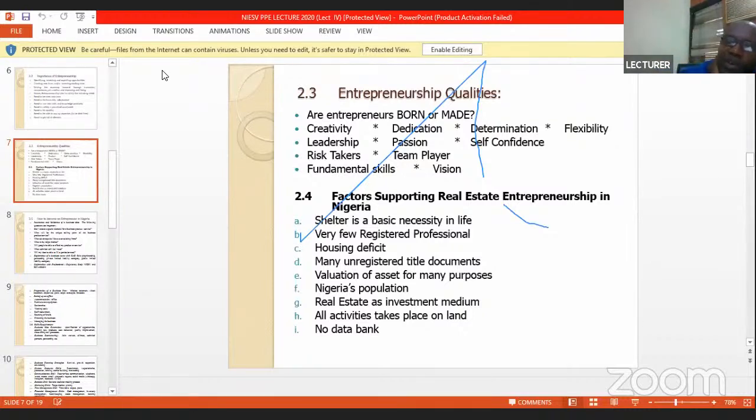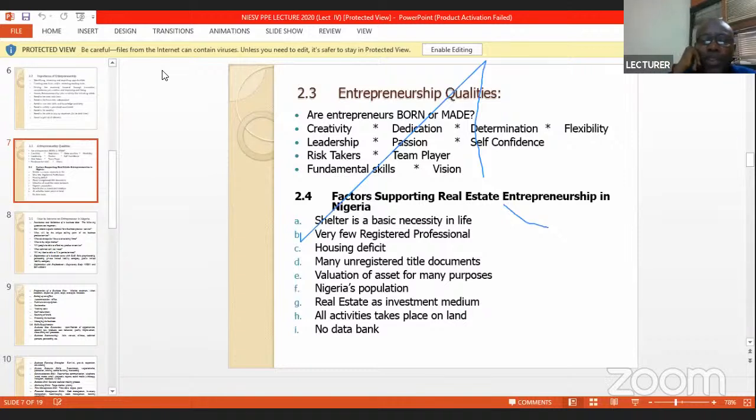Banks can't give loans unless there is a valuation. Insurance companies can't take an insurance policy unless there is a valuation. And that means when you become an entrepreneur, you can pursue businesses in the area of valuation.